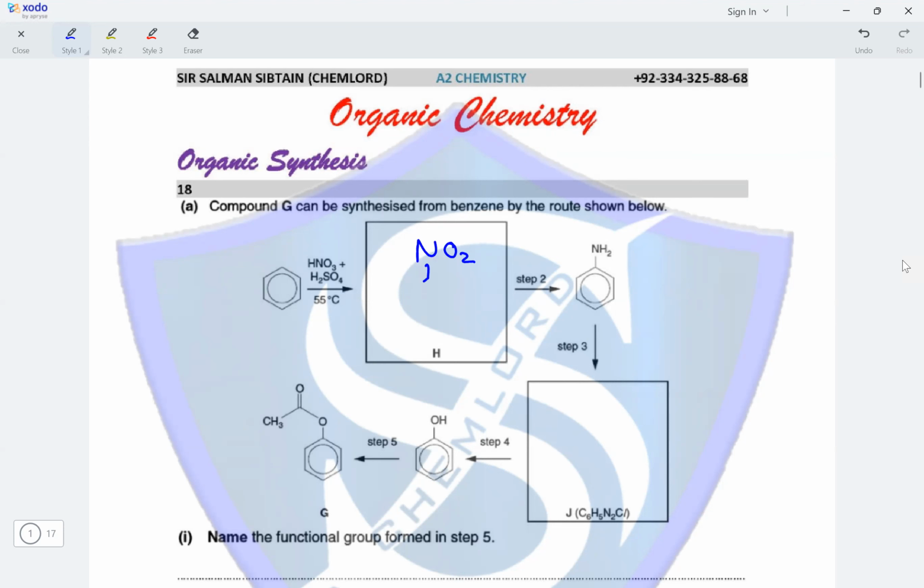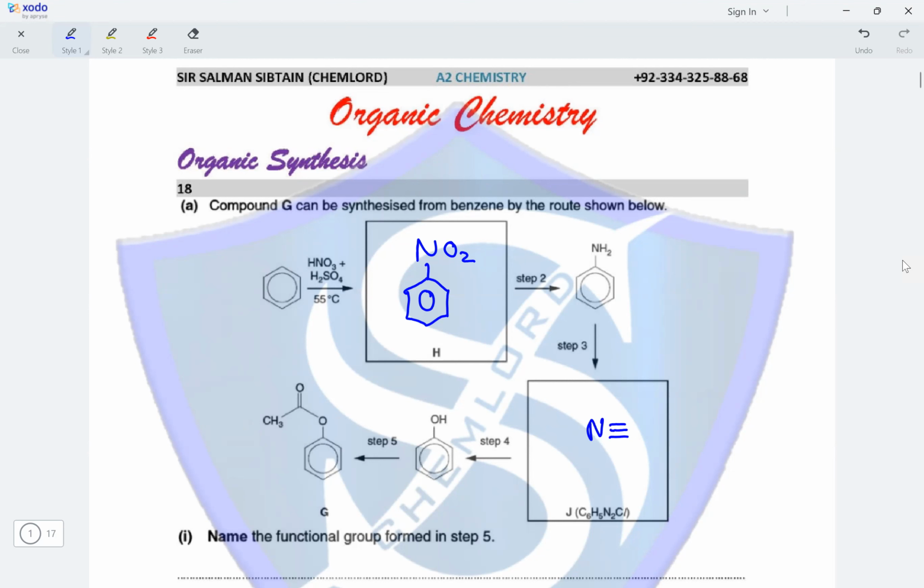And the position of the nitro group is determined by the position of the NH2 group in the product of step 2. So, NO2 on reduction produces phenylamine. Phenylamine would produce a molecule that contains two nitrogen and a chlorine atom, which means that it is converted into benzene diazonium chloride.